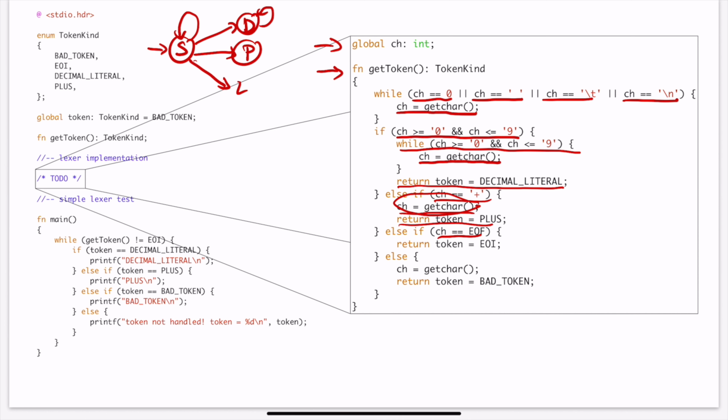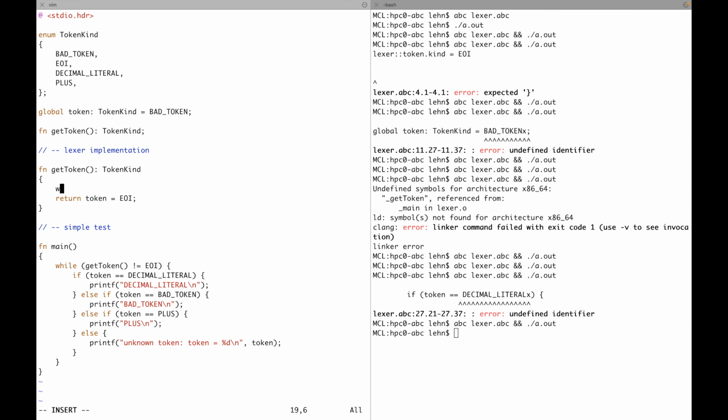If we get something which is not listed above, or not taken care of above, it means we are in the case that we got something else, and then we have a bad token. We consume this character and return bad token. Okay, that's it, and now I show you how to implement this in my way, step by step.